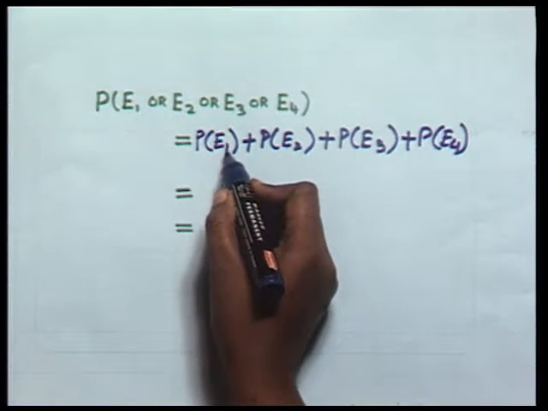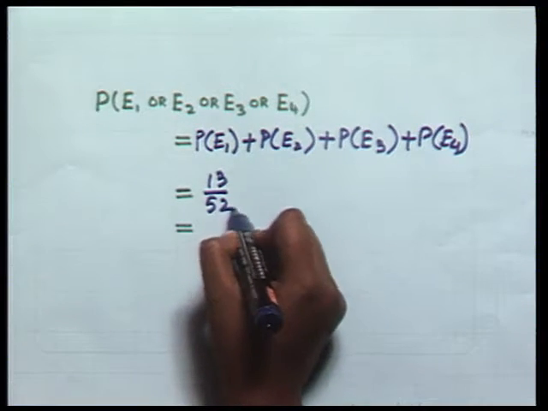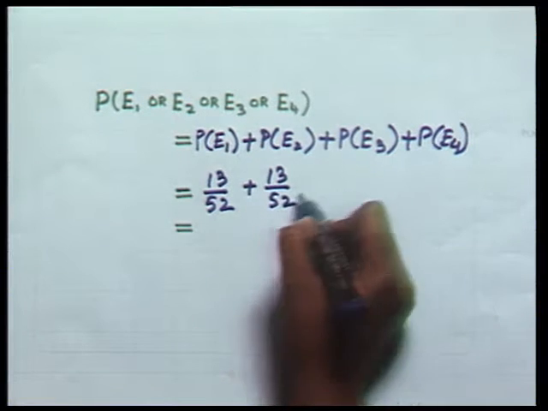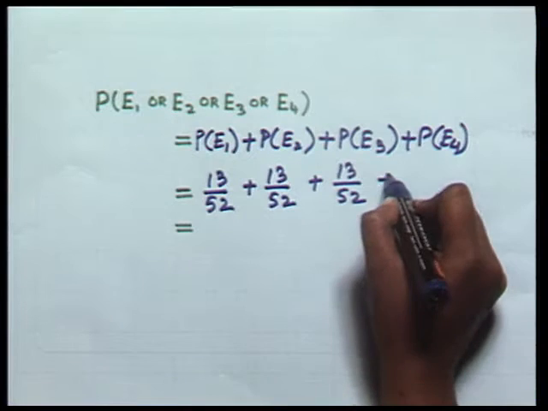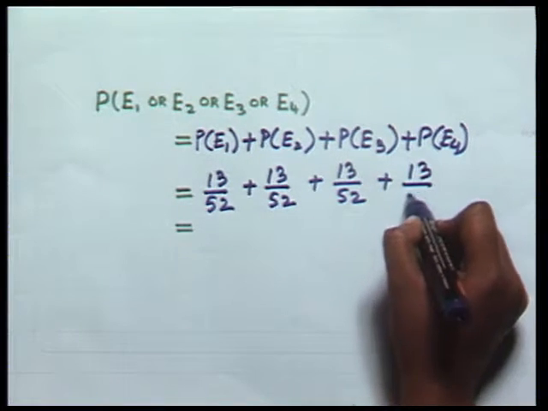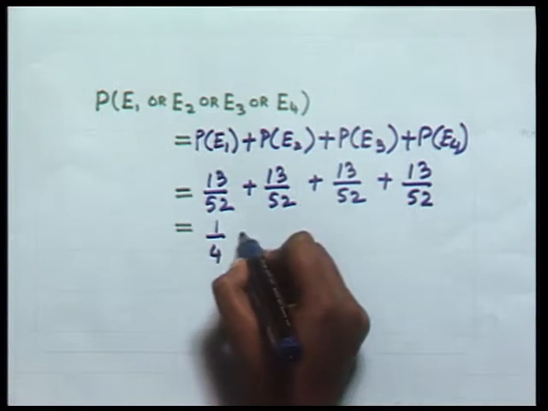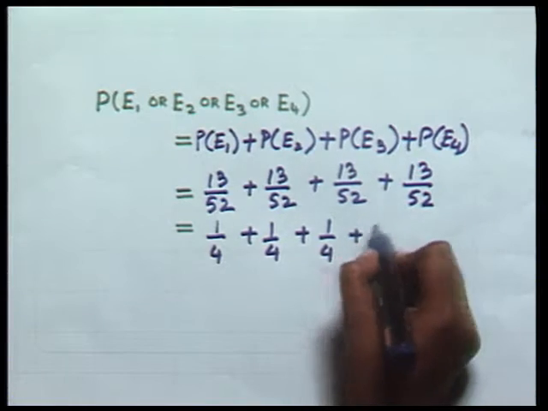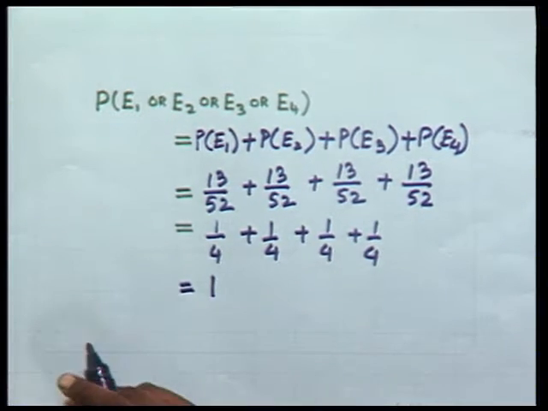We know that probability of event E1 is 13 upon 52, E2 is again 13 upon 52, same for E3 and for E4. This is 1 upon 4 plus 1 upon 4 plus 1 upon 4 plus 1 upon 4, this is equal to 1.